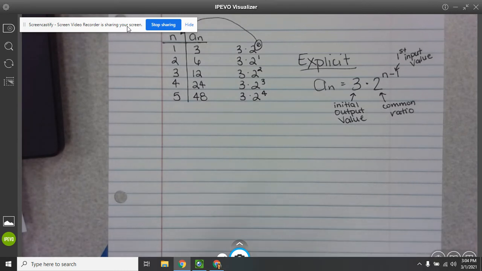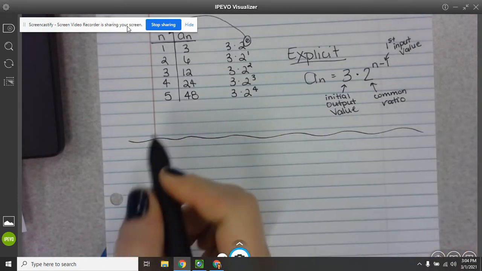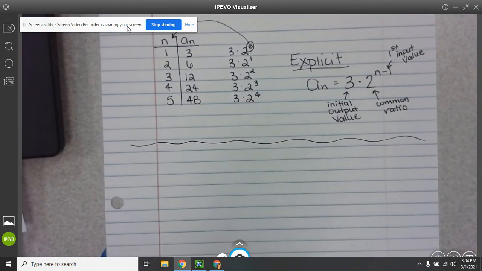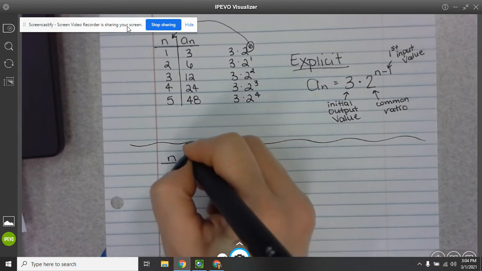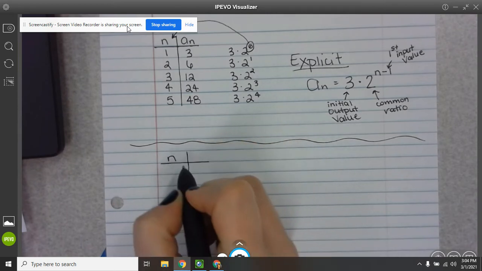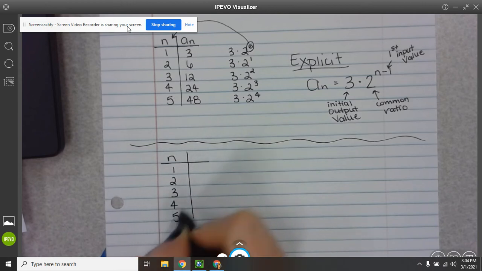And the only way I'm going to tweak this and make one more example is I'm going to keep the same output values, but I'm going to invert them. So instead of starting with 3, I'm going to start with 48. So this would be 1, 2, 3, 4, and 5.